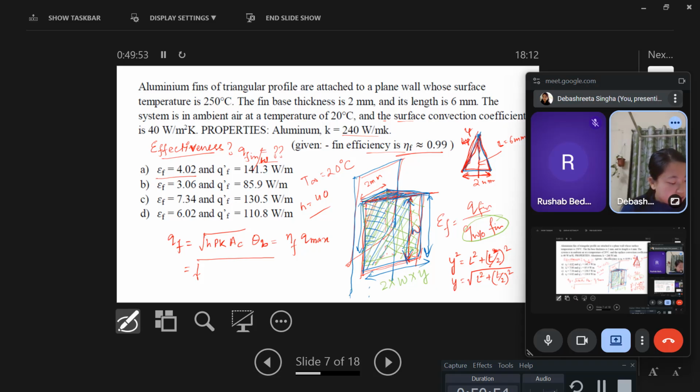The base is given as T, so half of the base will be T by 2, and the perpendicular is given as L. You can directly find the hypotenuse by Pythagoras theorem: root over L square plus T by 2 whole square.